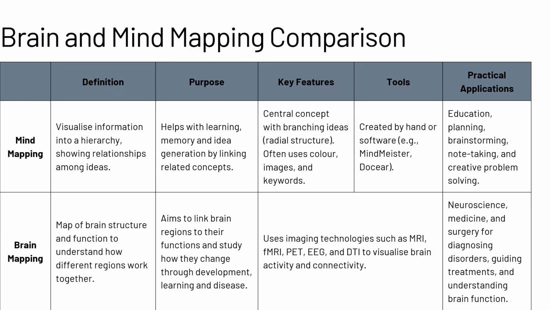Now, looking at this comparison table, I'll be specifically focusing on brain mapping. Brain mapping is the scientific process that visualizes both the structure and function of the human brain. Its purpose is to link the physical brain regions and their specific roles, whether that's movement, speech, emotion, or memory.